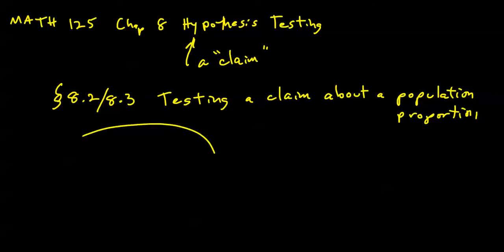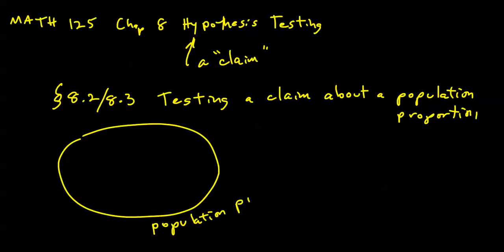As we know, populations can sometimes be huge, and if you're interested in a population proportion of some characteristic of interest, well, really what we're going to do is make claims about lowercase p. Little p is our designation for population proportion, again with some desired characteristic.